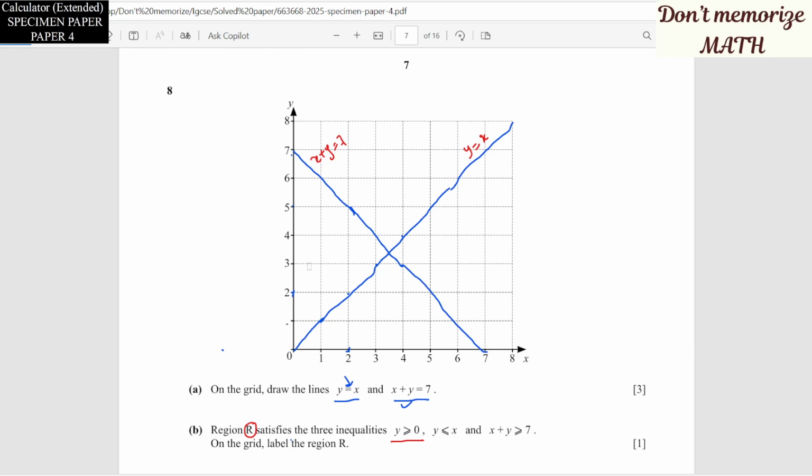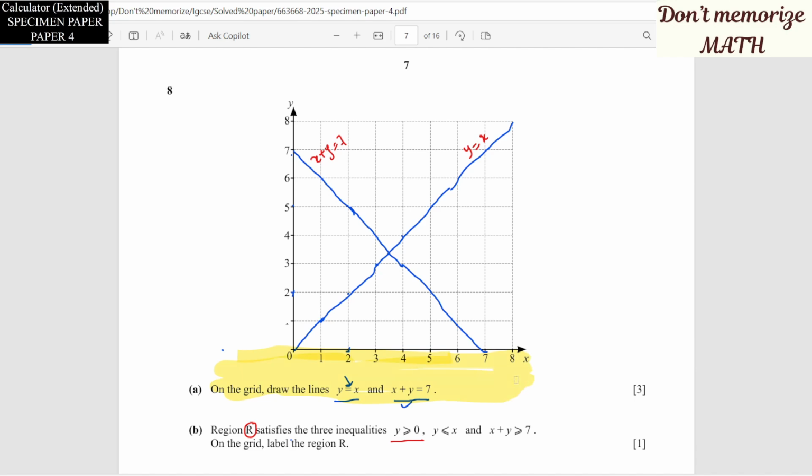This is y is equal to 0. You can see all above, all the values of y will be greater than 0. So we are just shading the unwanted region. So you can just shade y is less than 0. This below part, any point in this region, y will be less than 0.